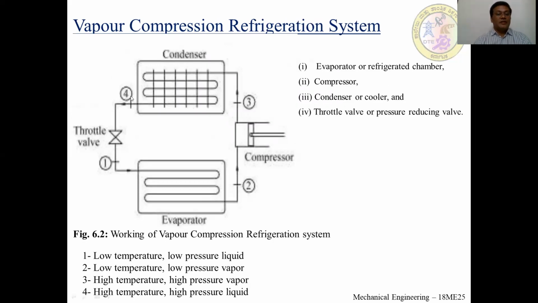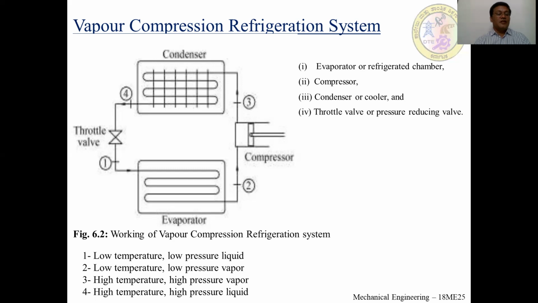So after condensation, at state point 4, the refrigerant has high temperature and high pressure, and it is in the liquid state. Then this high temperature, high pressure liquid passes to the throttle valve, where the pressure and temperature suddenly drop due to expansion.